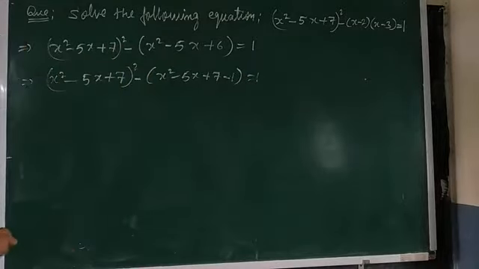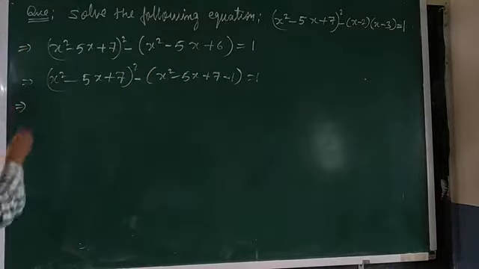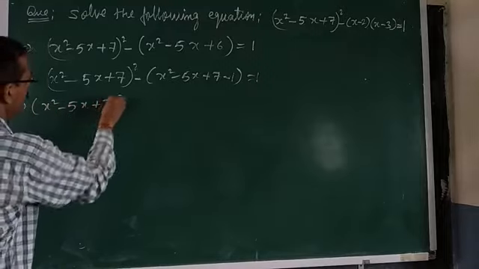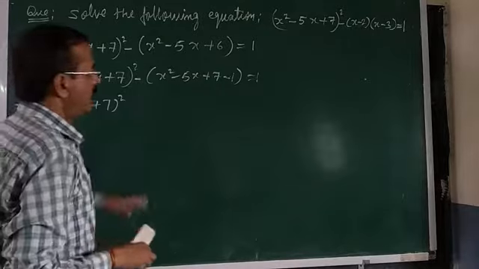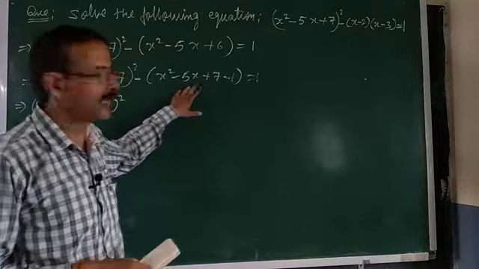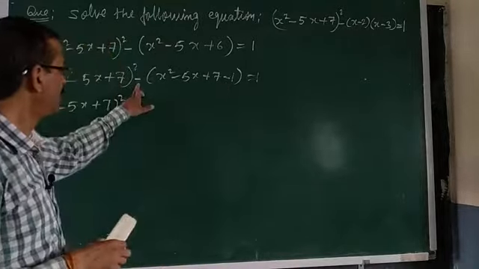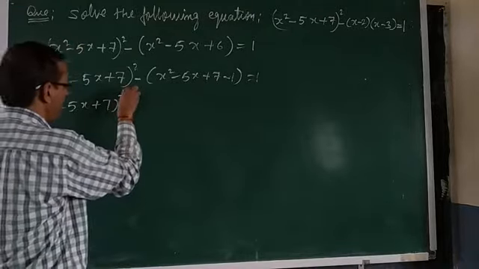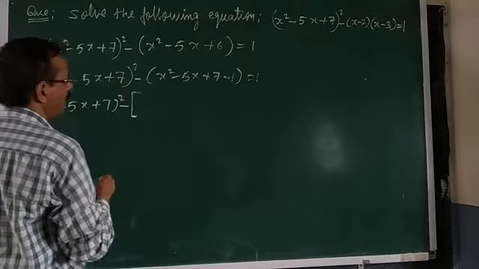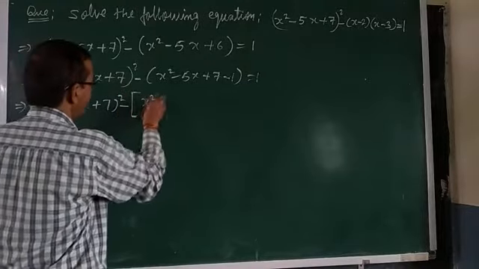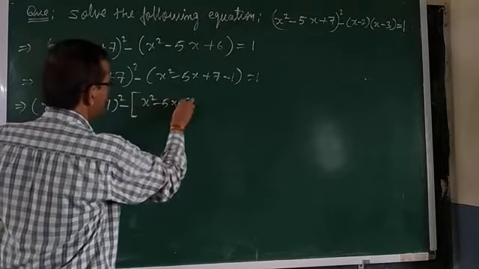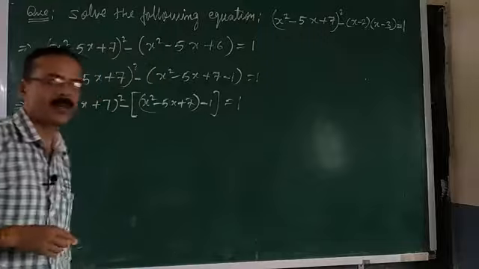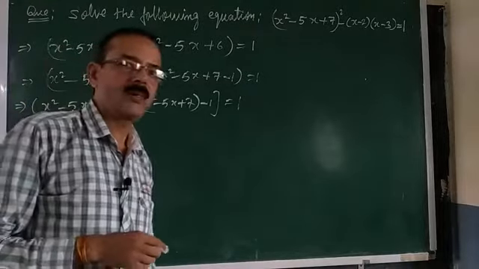Now (x square minus 5x plus 7) whole square, देखो, I will take that in one bracket and the minus will be outside. Or we can arrange it this way to make it clearer. So you can write x square minus 5x plus 7 minus 1 is equal to 1. Any problem? Any objection?